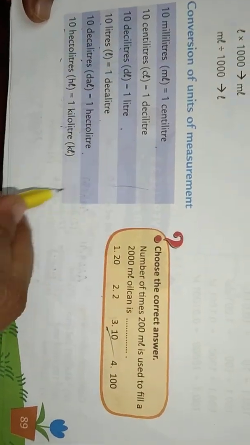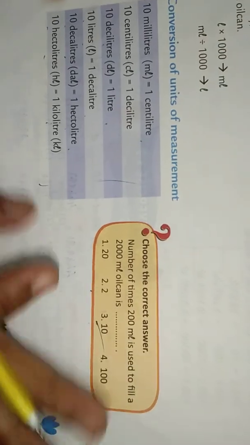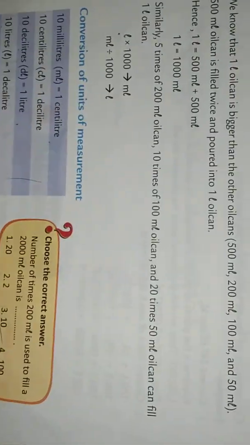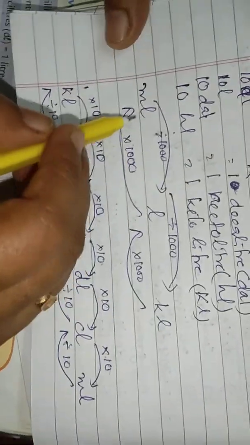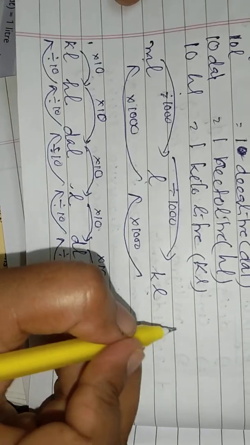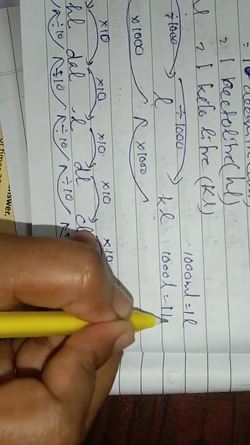This is a table to study the measurement of liquid. Here also we mainly use milliliter, liter and kiloliter. 1000 milliliter makes 1 liter and 1000 liter makes 1 kiloliter.